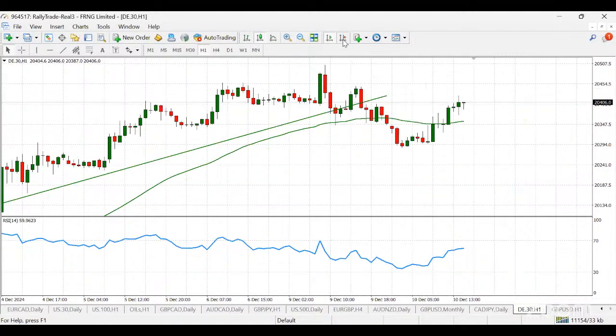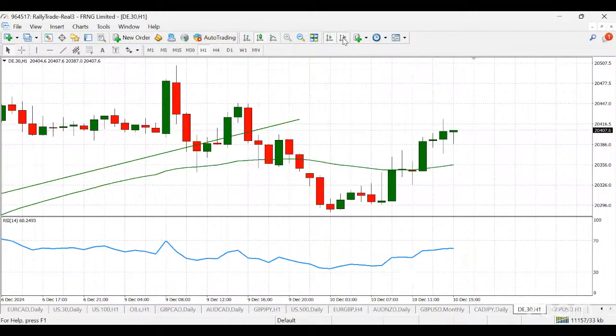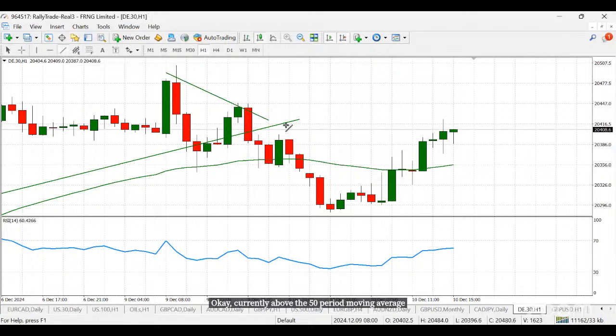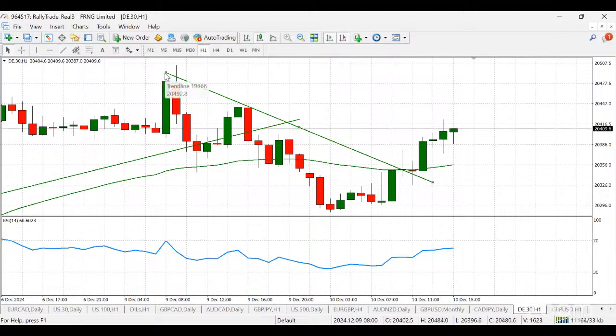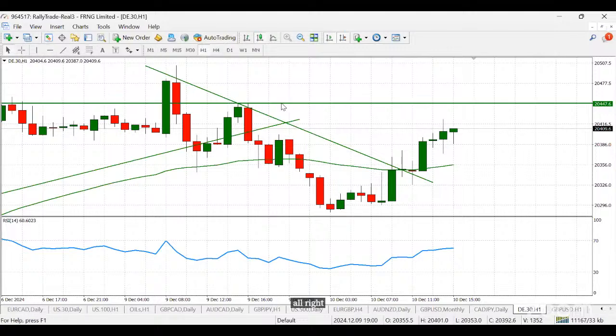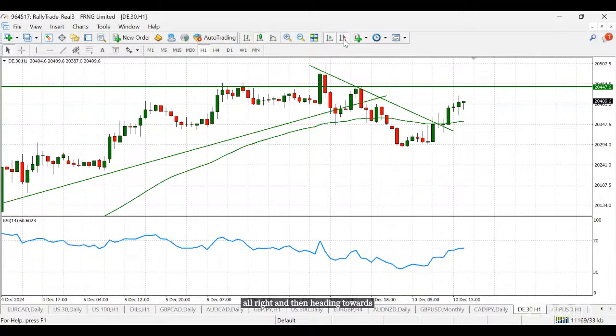Let's see what we have. Okay, currently above the 50 period moving average. All right, and then heading towards this resistance.